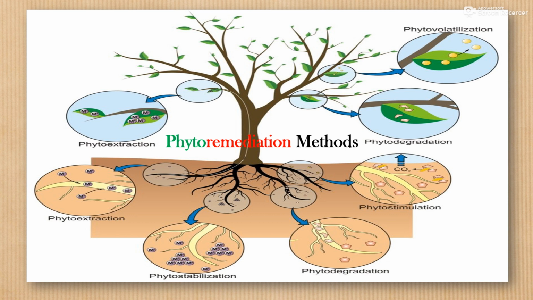So these are the different methods of phytoremediation. Phytoextraction, which is through root as well as leaf. Then phytostabilization, and phytodegradation, which again is through root and leaf. And phytostimulation, phytovolatilization.